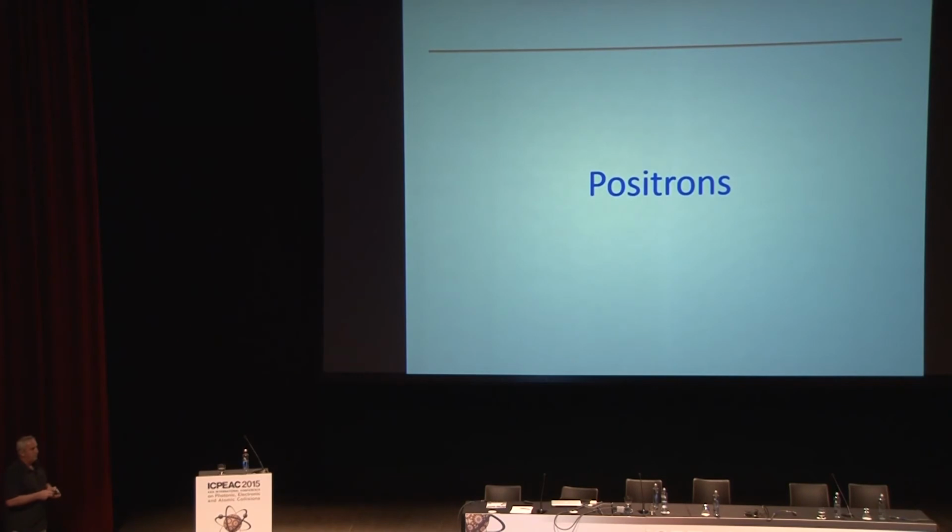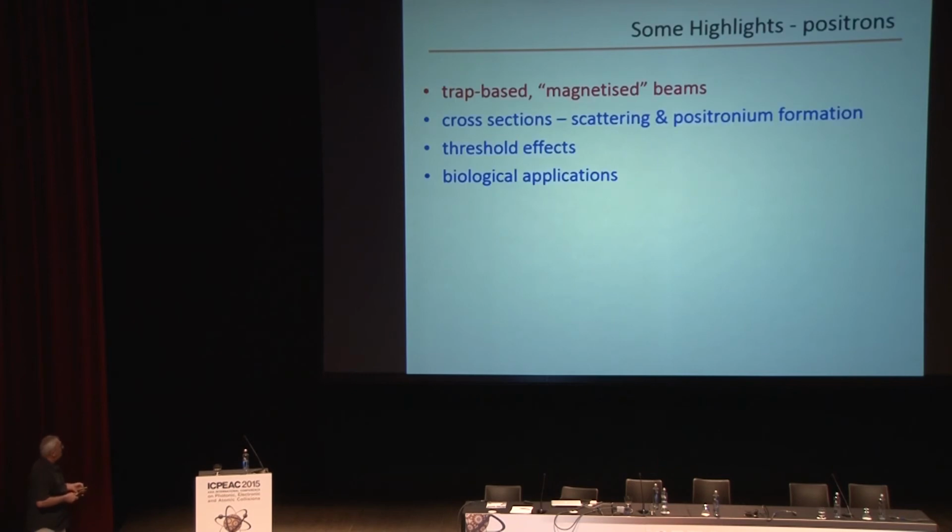So now a move to positrons, some would say a move to the dark side. What I'd like to try and highlight here are some measurements. Firstly, a technology that is being used increasingly in a number of labs around the world, trap-based magnetised beams.